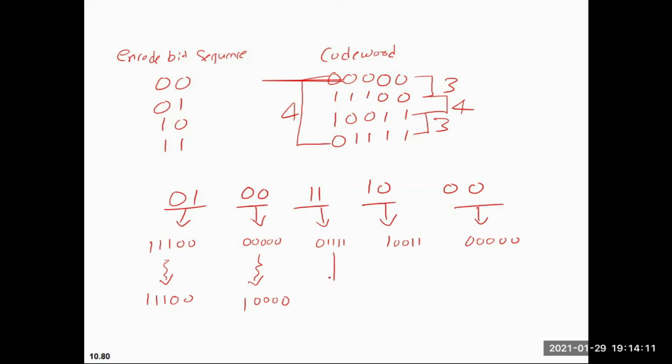Now this sequence is received as, let's say, 01010, so there are two errors, one at this point and one at this point. This sequence is received as 10001, and this sequence is received as 10011, which has one error.